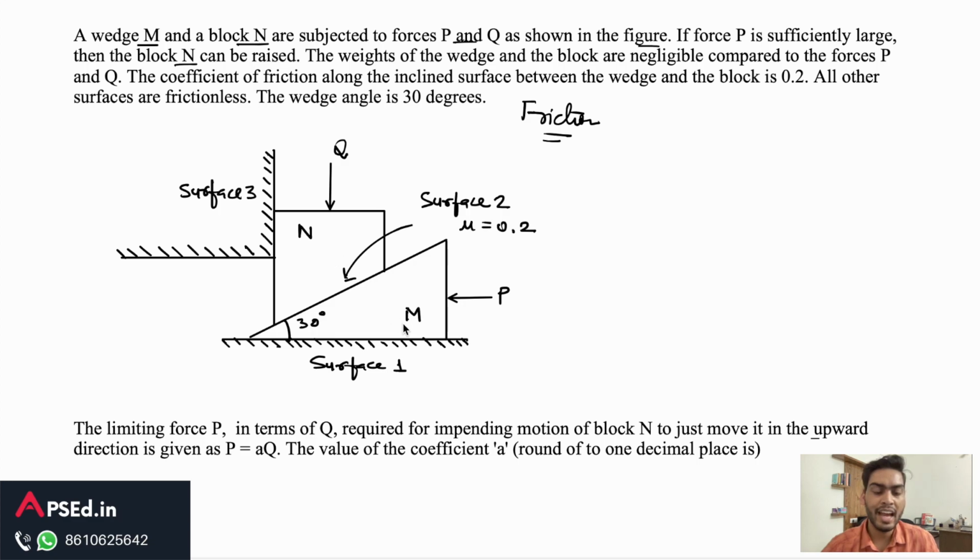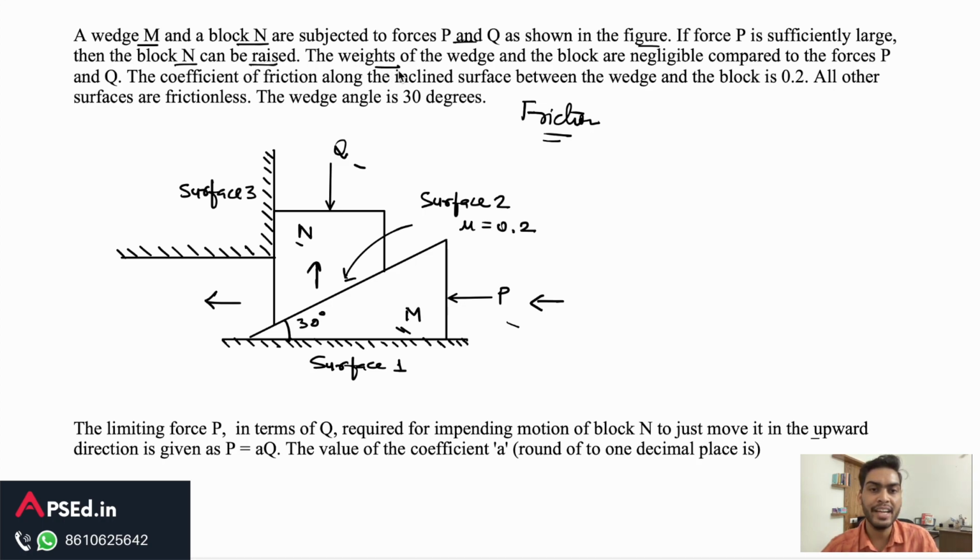So here we have this wedge M and the block N, arranged in this manner, with forces P and Q applied on these two. If this force P is sufficiently large, then it will move in the forward direction, and the result would be that this block N will move in the upward direction, and that's what it is saying.